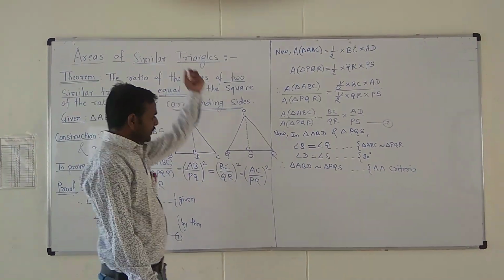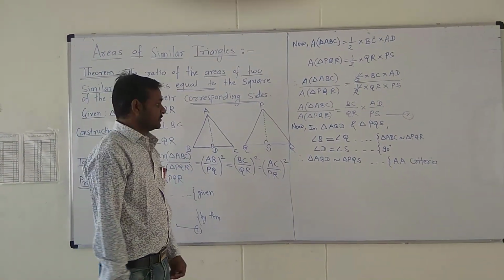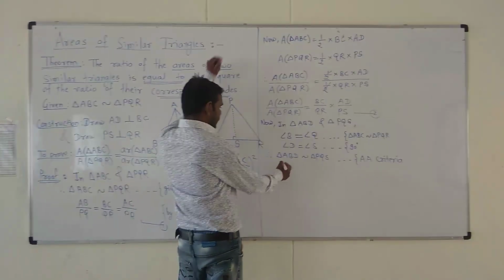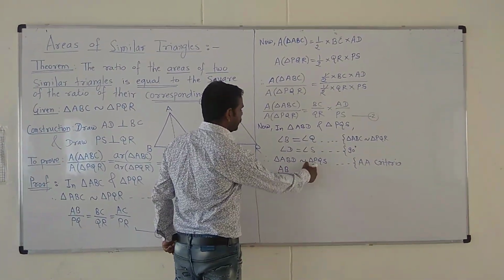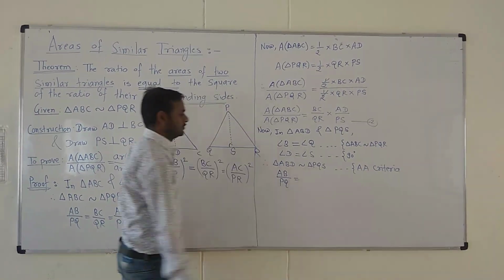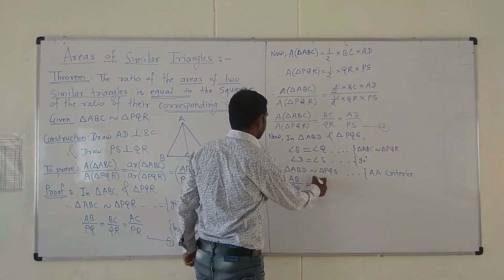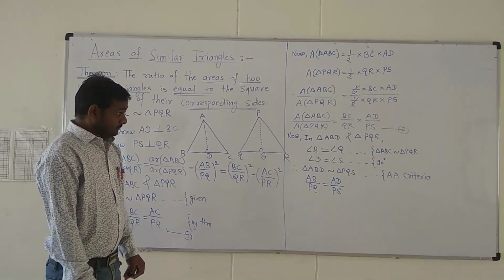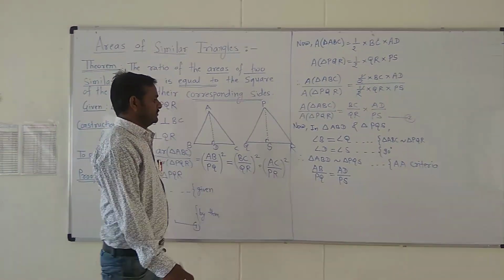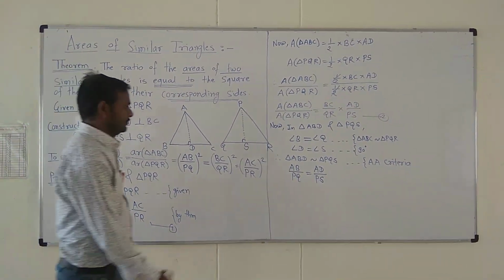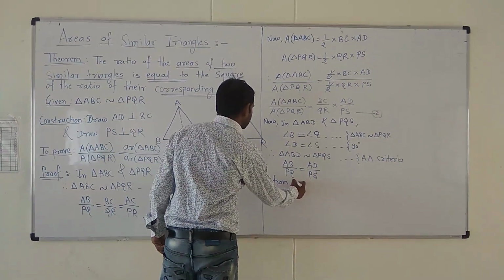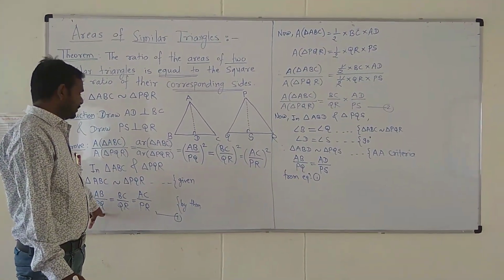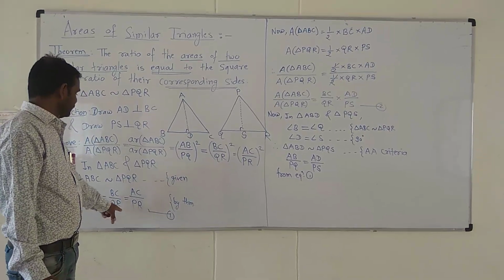We again know that if two triangles are similar, then their corresponding sides are in the ratio. So we write AB upon PQ is equal to AD upon PS. Now from equation number 1, we get AB upon PQ, BC upon QR, AC upon PR, all equal.